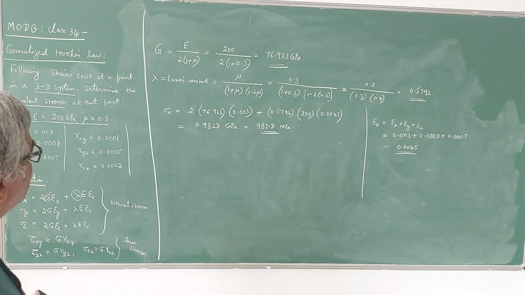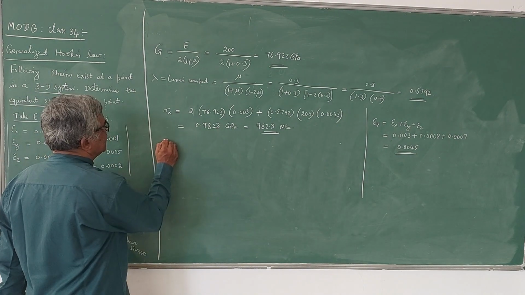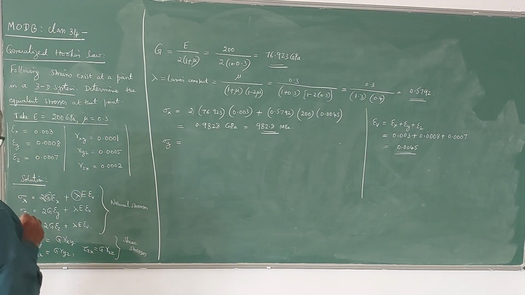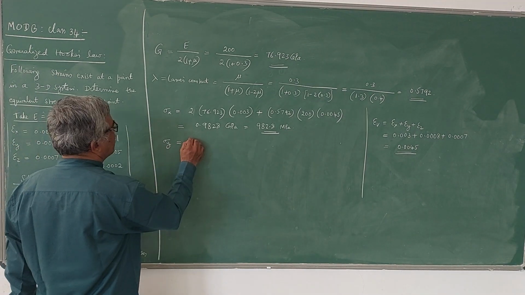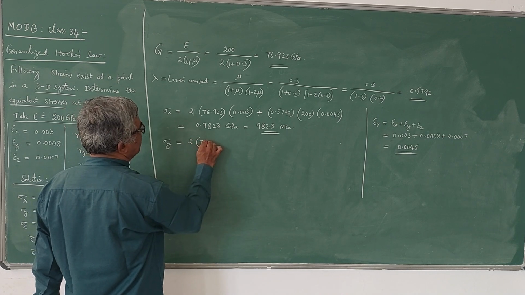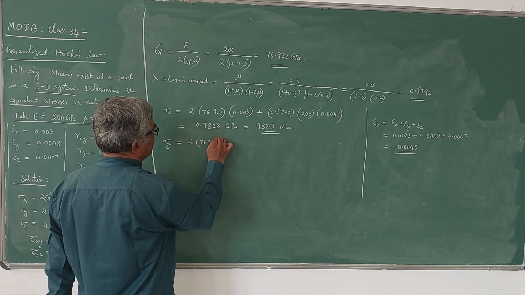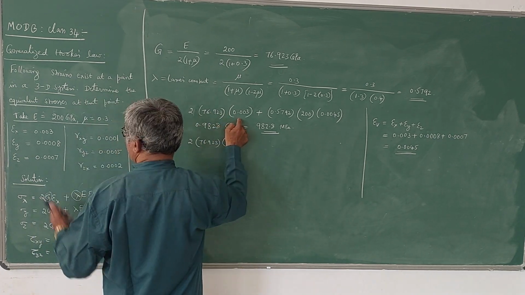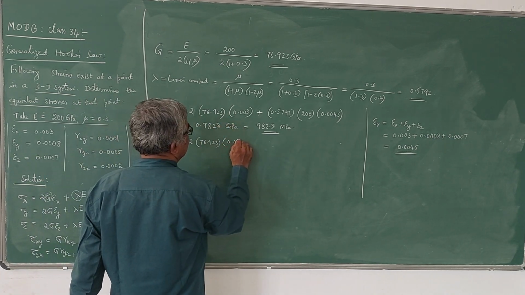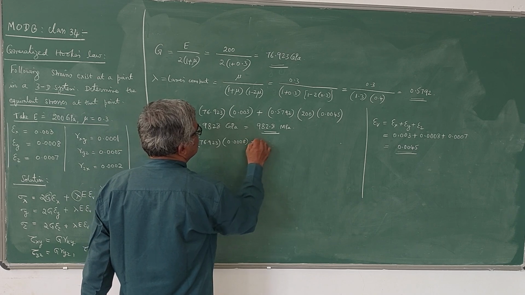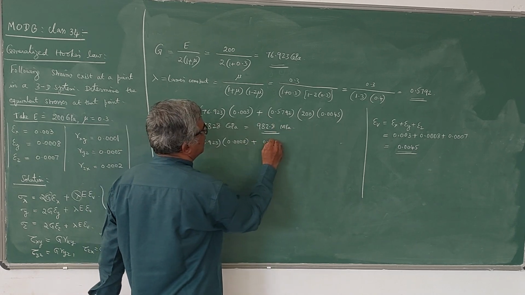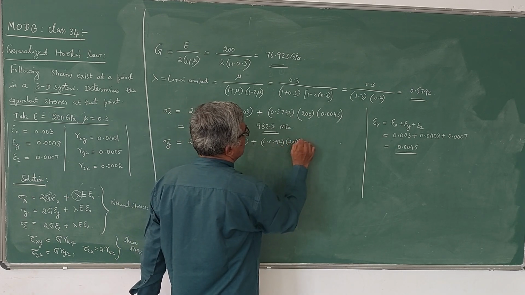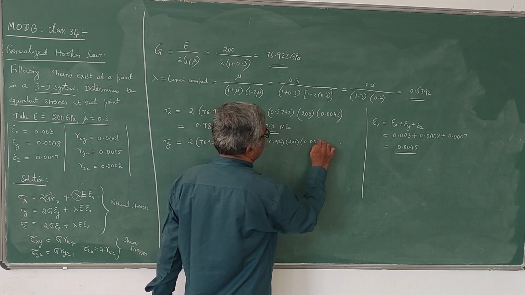Now, the second value, sigma y, that is the normal stress in the y direction, 2g epsilon y. 2g once again is the same. So only instead of epsilon x, you get epsilon y here, 0.308, plus this term remains the same, 0.5792 into 200 into 0.0045.